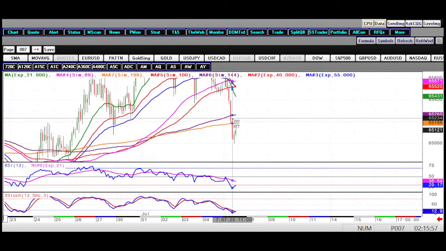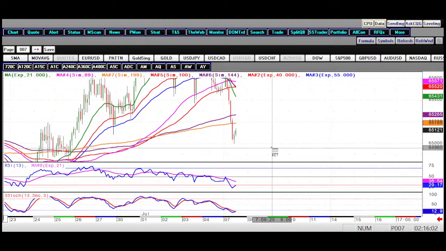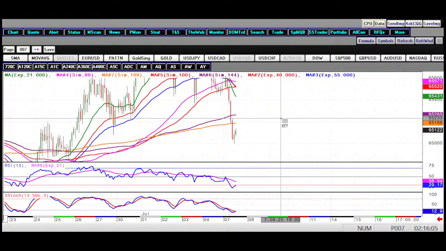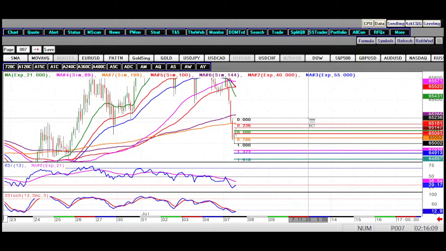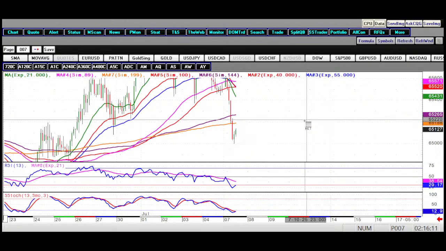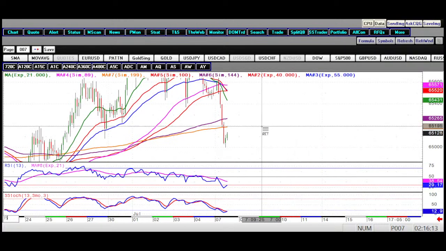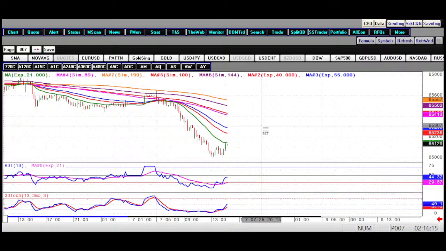So we have an order to sell at 65.30, and if it breaks this low, we should be seeing 90. So here we will maintain our current order at 65.30. We'll just maintain it, no change on that.